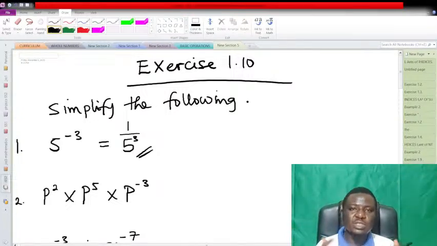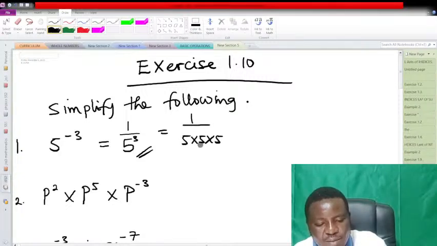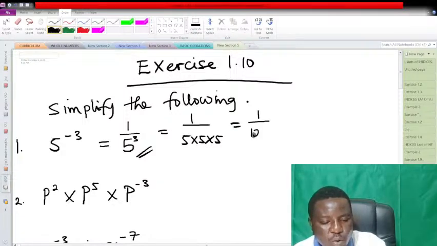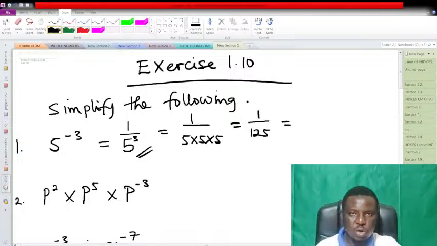But if you are asked to simplify it further, then I will do it as 1 divided by 5 cubed, which means 5 times 5 times 5. And 5 times 5 is what? 25. 25 times 5 is 125. So this can be simplified further to 1 divided by 125. And if you so wish, you can then use your calculator or break it down to give you the answer in index form. Okay?